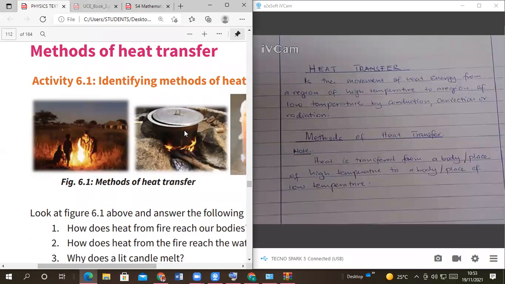Through convection. How is heat transferred through convection? Let me go deeper there. Okay, Pav. You're right, through convection, but how is it happening? It is through radiation.